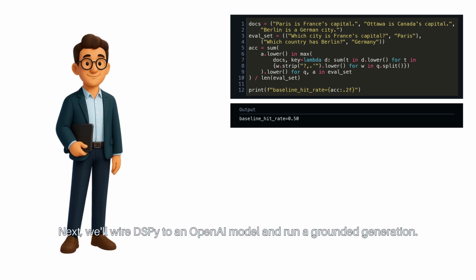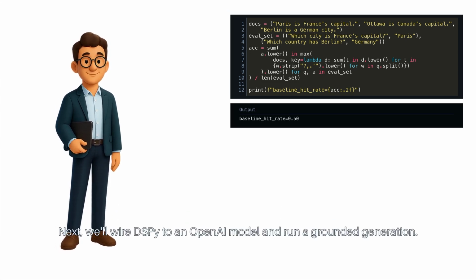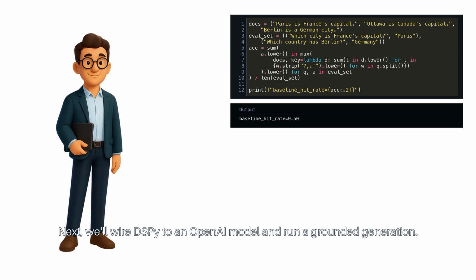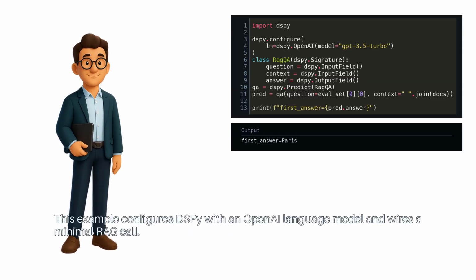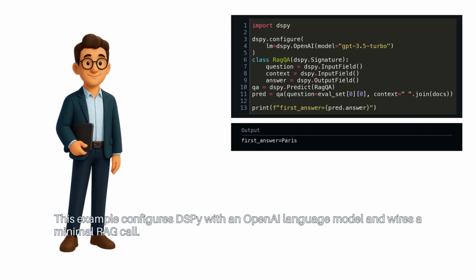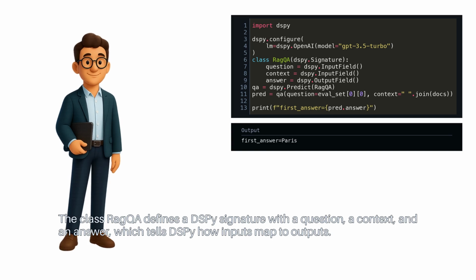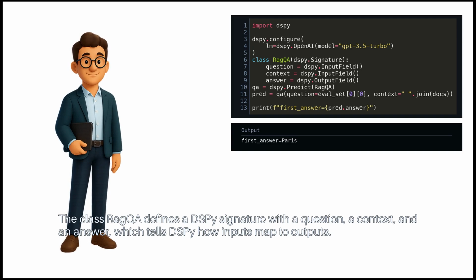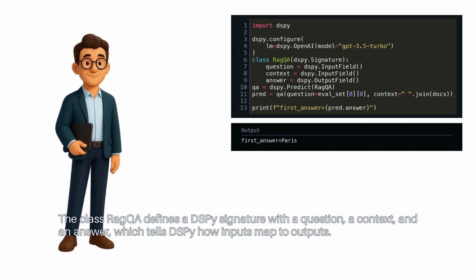Next, we'll wire DSPy to an OpenAI model and run a grounded generation. This example configures DSPy with an OpenAI language model and wires a minimal RAG call. The class RagQA defines a DSPy signature with a question, a context, and an answer, which tells DSPy how inputs map to outputs.